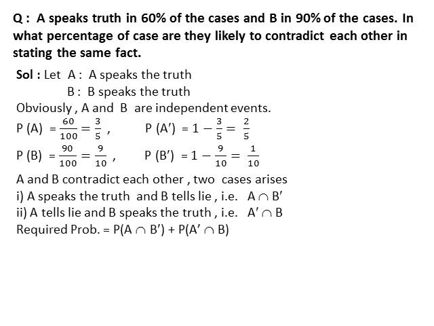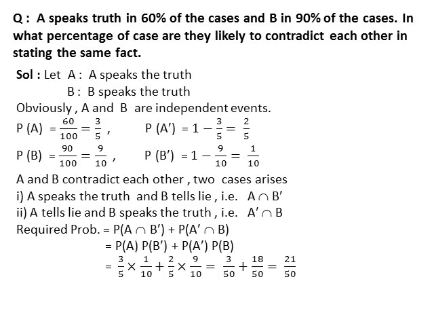Now required probability equals probability of A intersection B complement plus probability of A complement intersection B. As events are independent, so it equals P(A) multiply P(B complement) plus P(A complement) multiply P(B) equals 3 by 5 multiply 1 by 10 plus 2 by 5 multiply 9 by 10 equals 3 by 50 plus 18 by 50 equals 21 by 50.